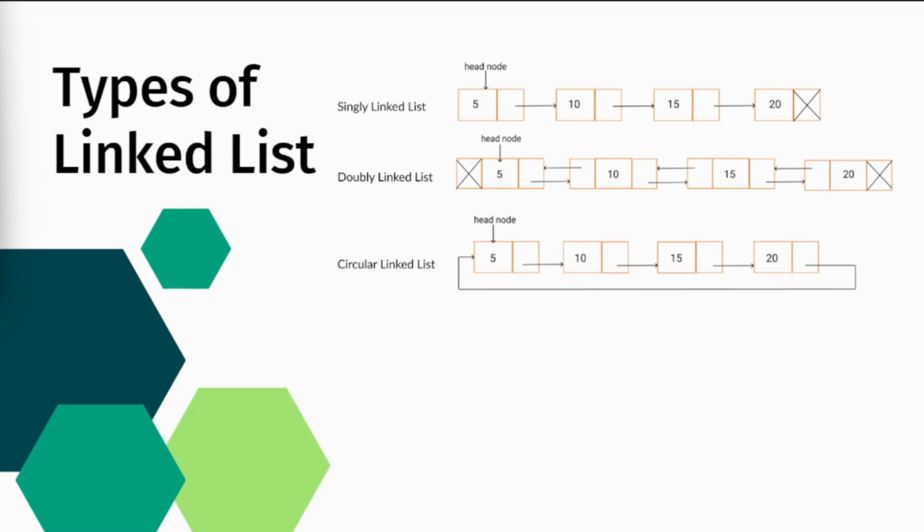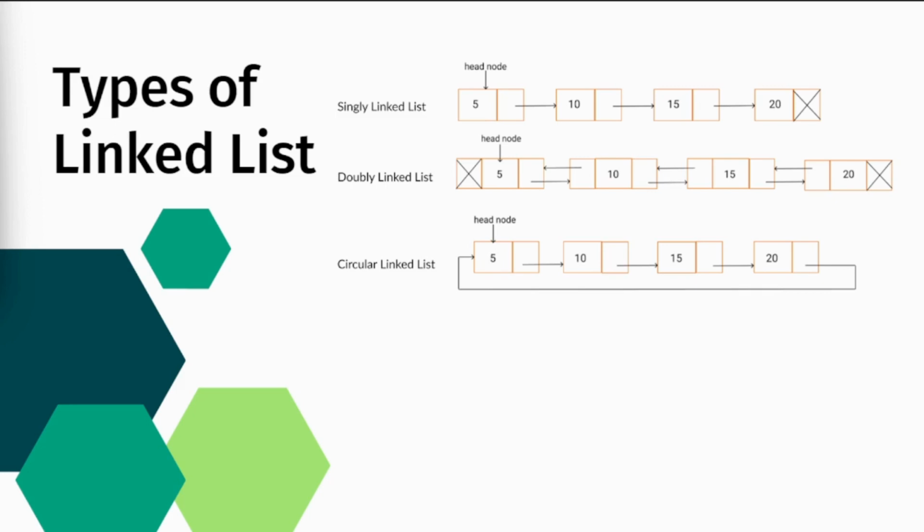In an SLL, each node contains data and a pointer to the next node in the list. The last node's pointer typically points to null, indicating the end of the list. Traversing an SLL is done in a forward direction, starting from the head node. Singly linked lists are also efficient when it comes to insertion and deletion at the beginning or the middle of the list. However, they are less efficient for operations that require traversing the list in reverse or accessing nodes in reverse order.